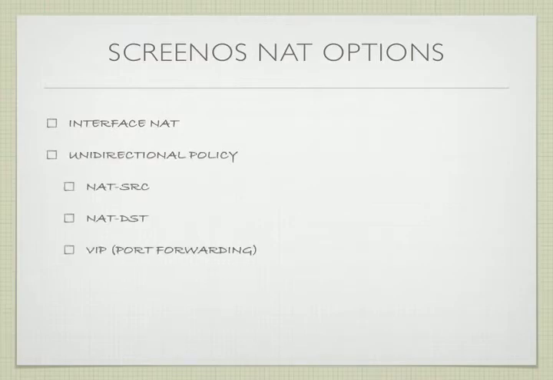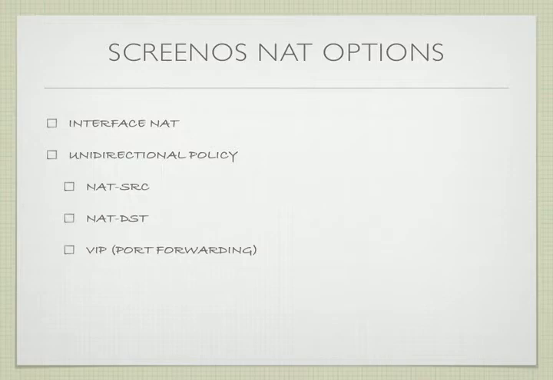If you're doing the translation in one direction via a policy, you can translate your source, you can translate your destination, or you can use port forwarding, the virtual IP address. The virtual IP address allows you to use the single public IP address and send different ports to different servers.